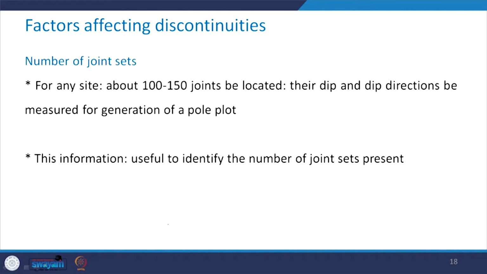If you recall our discussion on the application part of graphical representation of geological data, there I showed you with the help of a pole plot how the information plotted using the equal area net can be useful in deciding some of the key parameters in the stability analysis of slopes, tunnels or foundations.